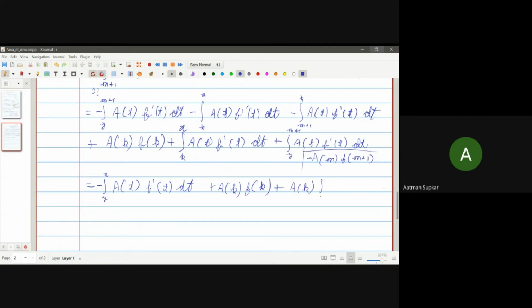a of k, integration k to x of f dash t dt, minus a of m, f of m plus 1, integration by parts. Wait, what did I write? Goodness. Yes, you can first take this out.